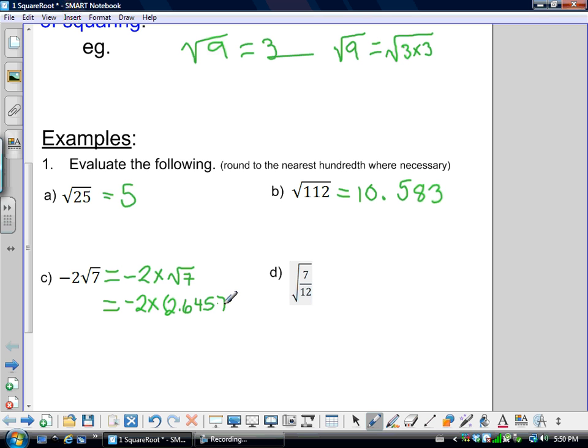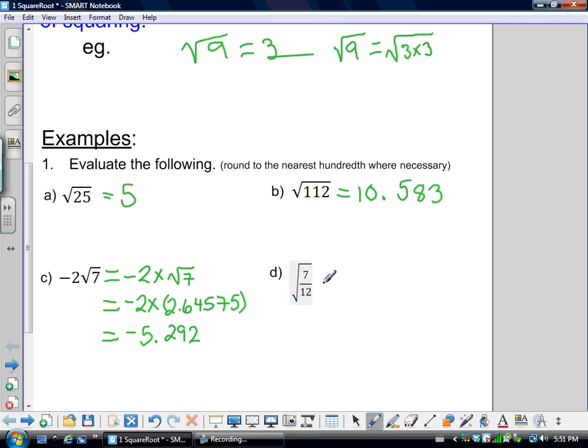Now notice I did not round it yet because I'm going to take this number and multiply it by the -2 to get -5.292. So usually when we're doing rounding to the nearest hundredth, I want to round right near the very end.